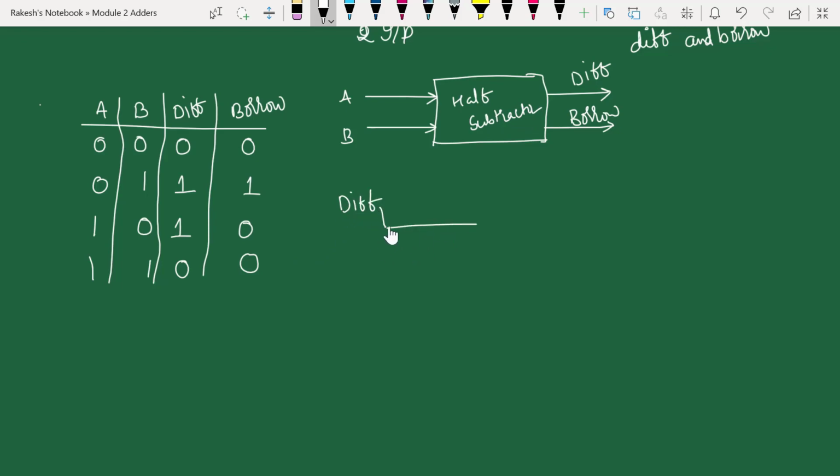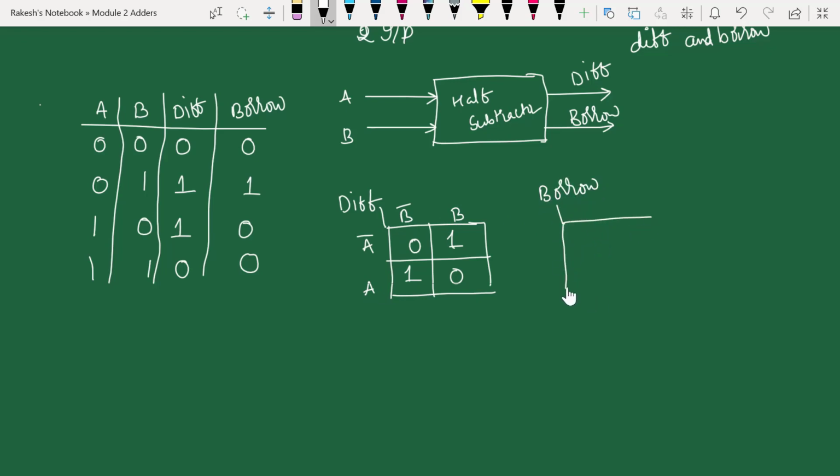That means you are going to have a total of 4 cells. So you are going to fill difference. That means 0, 1, 1 and 0. And similarly, if you take for borrow, you are going to have 0, 1, 0 and 0.